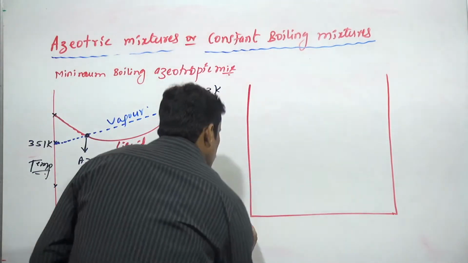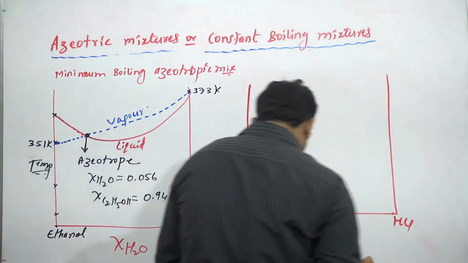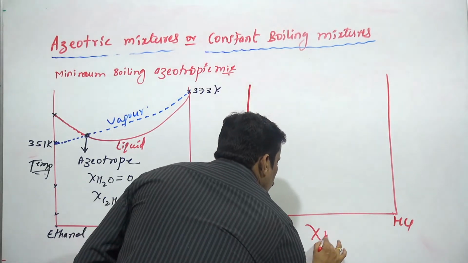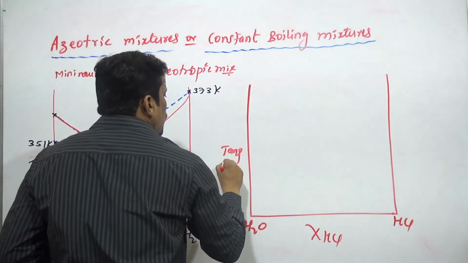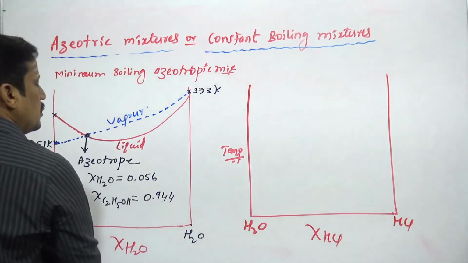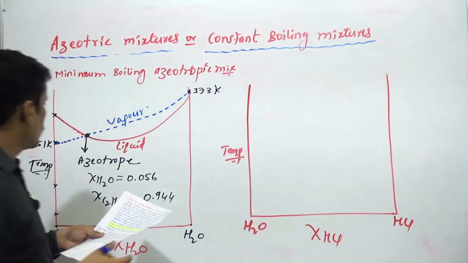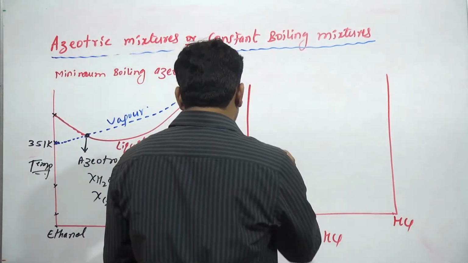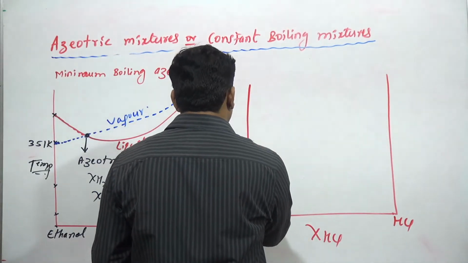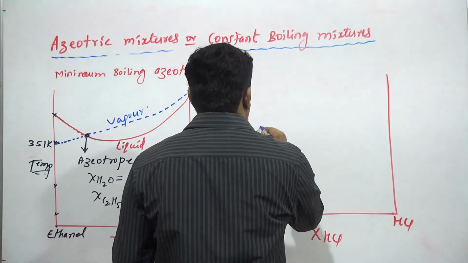Here we have water, and this side we have HCl. I am taking mole fraction of HCl versus temperature. Now for a liquid it is like this, and for vapors, around 373 Kelvin. Water boils at 373 Kelvin.